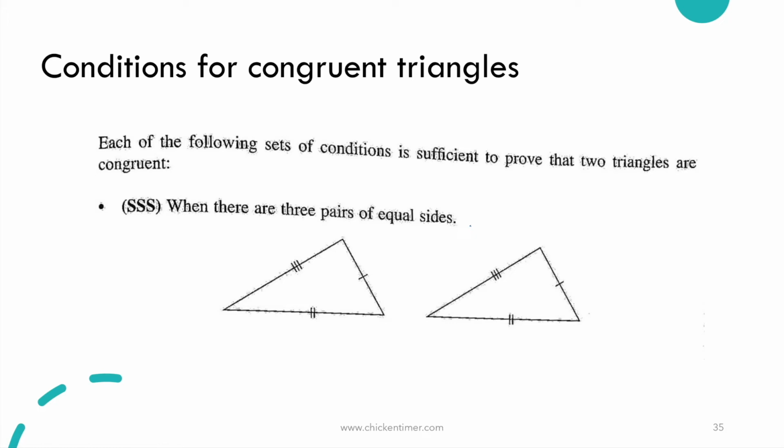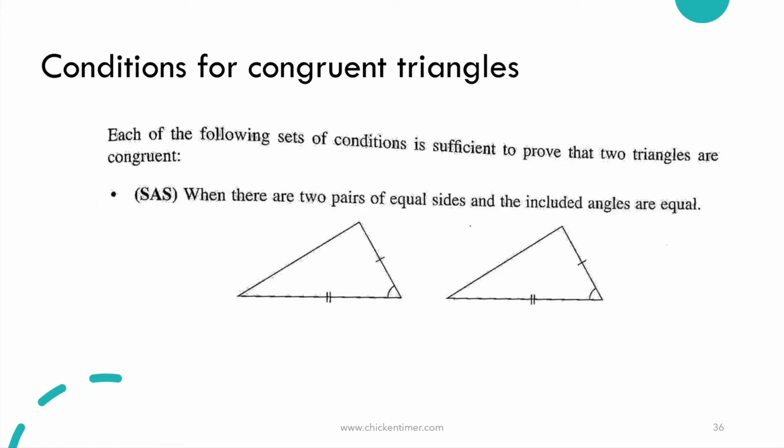So for congruent triangles, there are a few conditions. One is SSS. That means you show that all three sides of the triangle are the same length. Then you have SAS. That means you have two sides equal and the angle in between is the same.